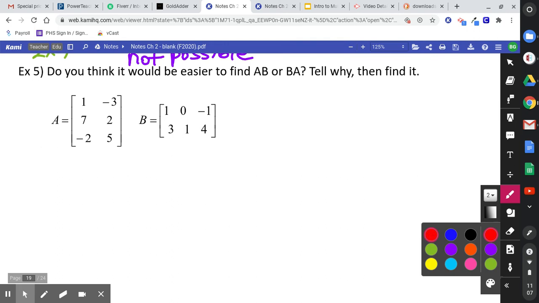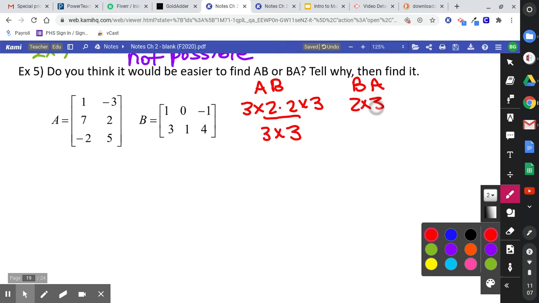So if I did A times B, that would be a 3 by 2 times a 2 by 3, resulting in a 3 by 3 matrix. But if I did BA, that's going to be a 2 by 3 times A, which is a 3 by 2, giving a 2 by 2.